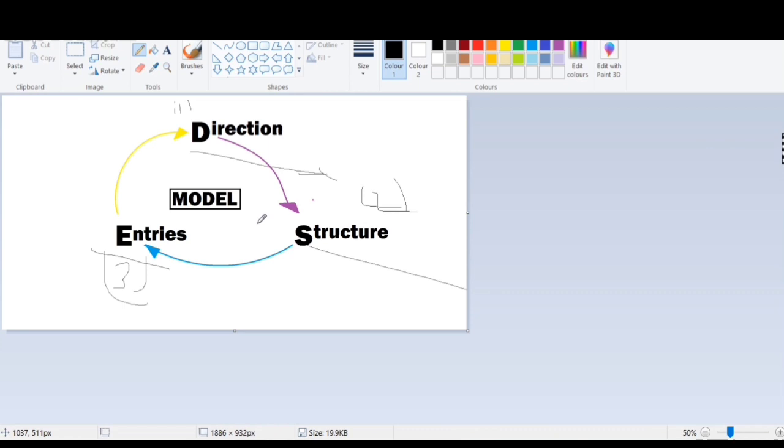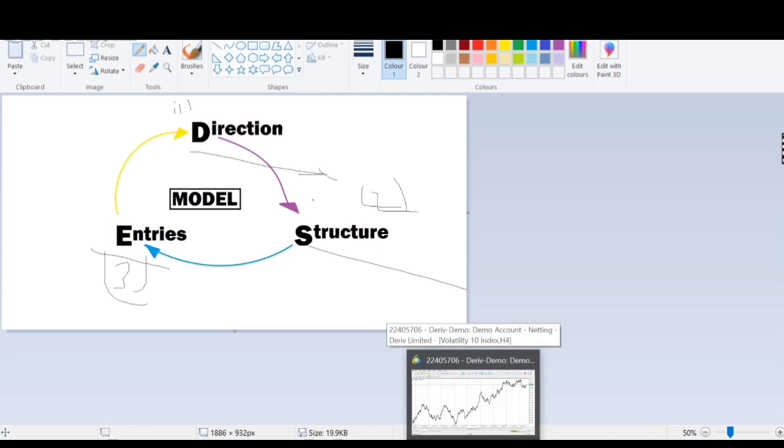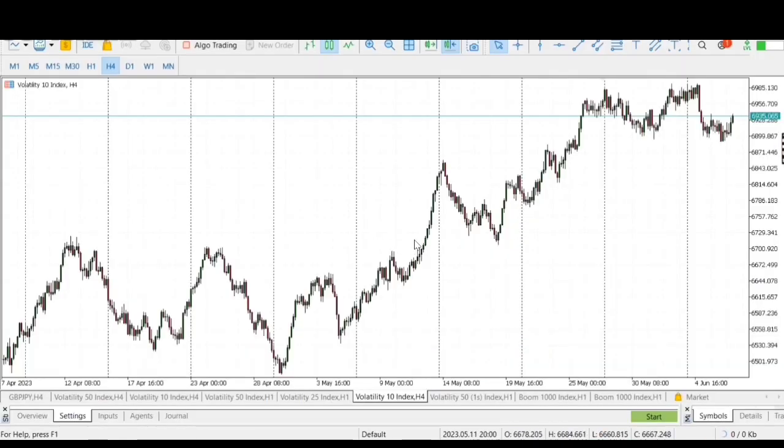So right now, let me shift to the root chart and show you what I'm talking about regarding this model, right? As I've stated earlier, I can't stress this point enough. You can see that from this point up to there, it was something like 3 levels, but we're not talking about that today. So I'll first plot my swing points on the H4 time frame, because that's my directional time frame.